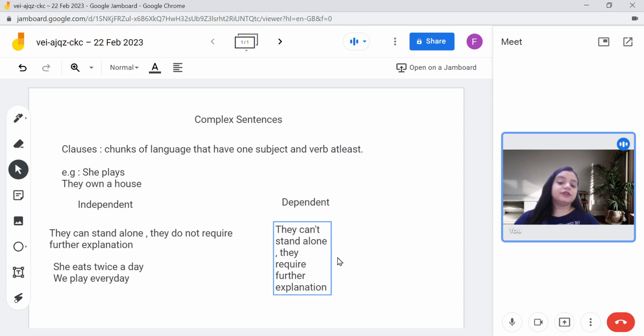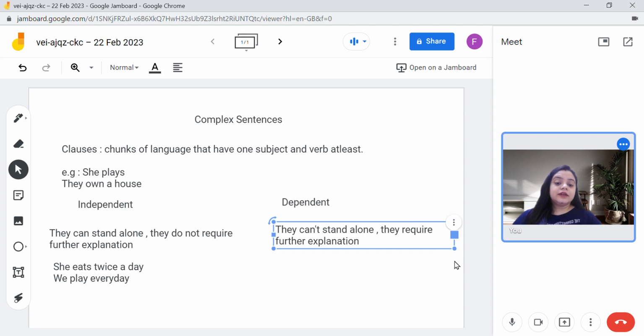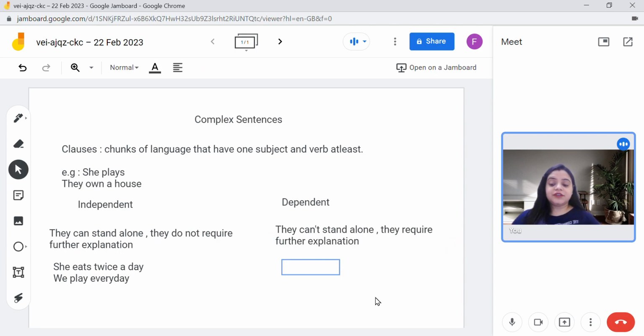Let me give an example that will help you understand even better: although she eats twice a day.